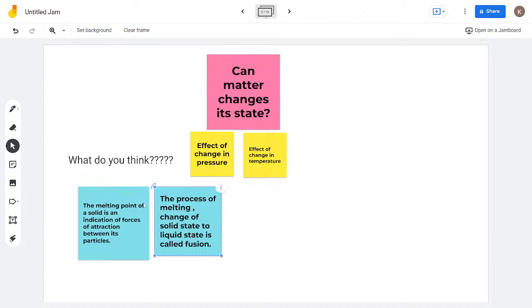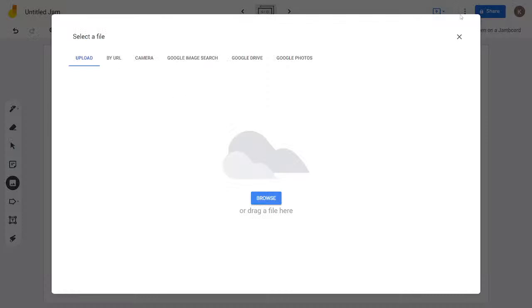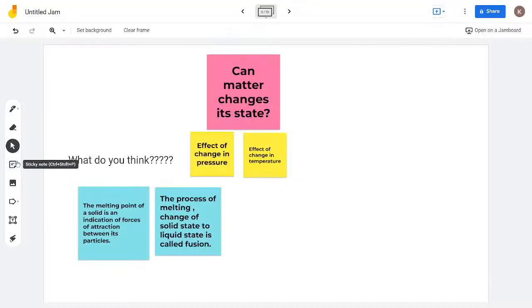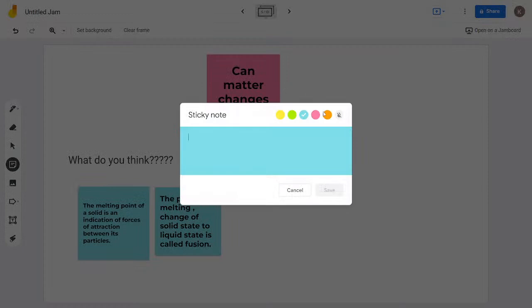And we have a small trick to remember this.